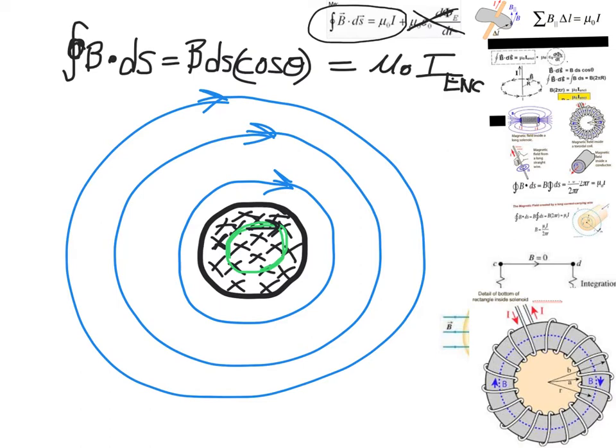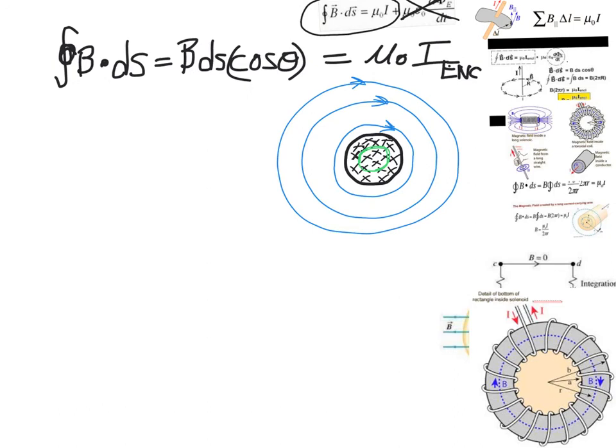So when I do the integral of B dot ds, similar to the last one we did, the B, whatever it is, as we go around the green loop, is going to be constant. So the B can be taken out. We don't know what the value is, but we know it will be constant over that loop by the symmetry of the situation.